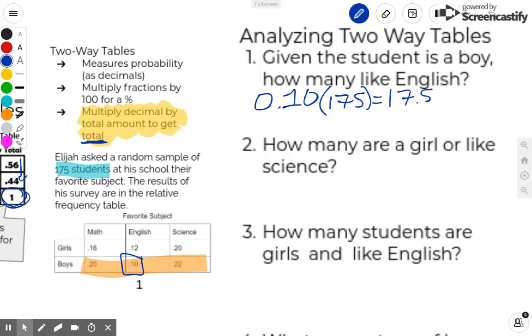I can't have 17.5 of a student, so I like to round this and I say about 17. Remember that tilde means about. 17 students are boys who like English.